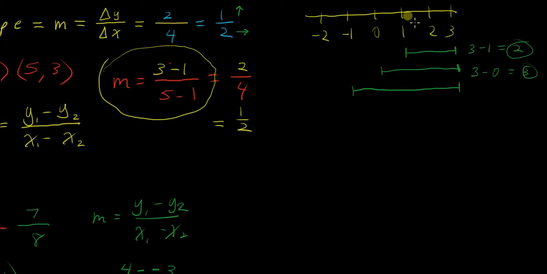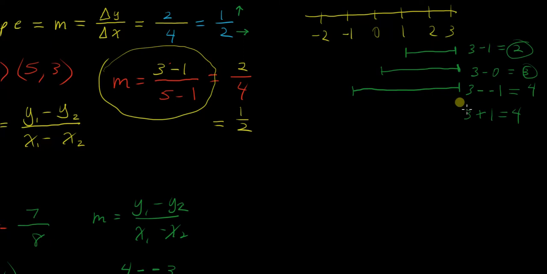The big number is 3, the little number is -1. So we're going to take 3 minus -1. What's the distance going to be? Well, we can count it. We know from -1 to 3, if we just count 1, 2, 3, 4, it has to be 4. So 3 minus -1 must be 4. This is a good illustration of the fact that minus minus is the same as a plus.